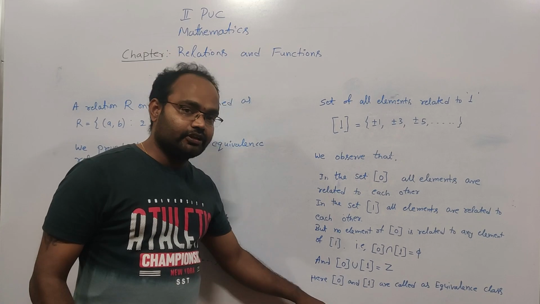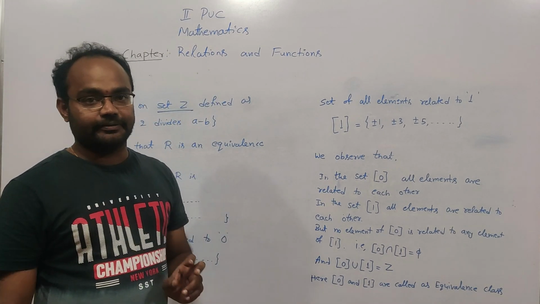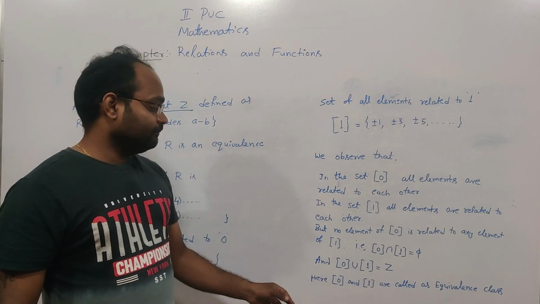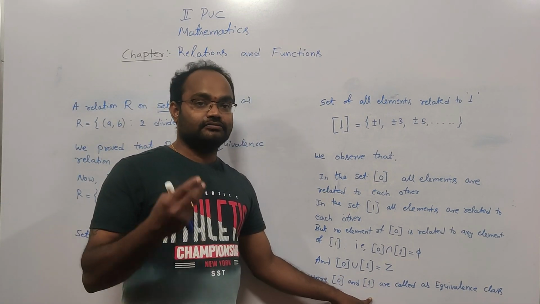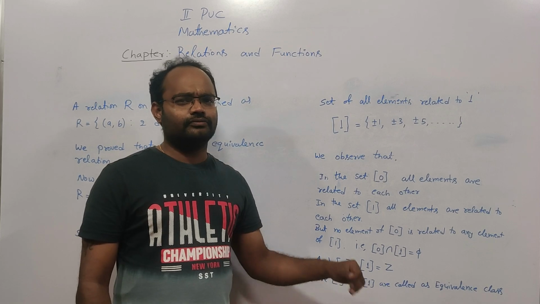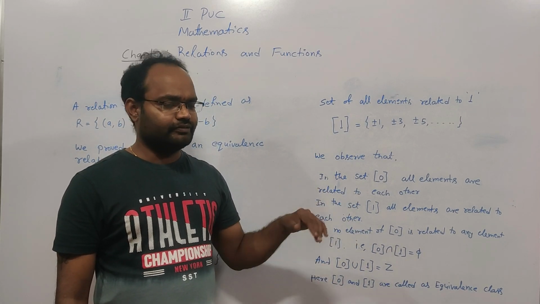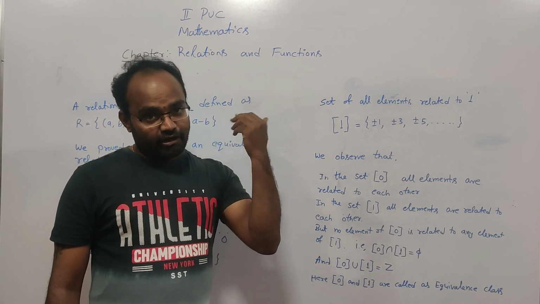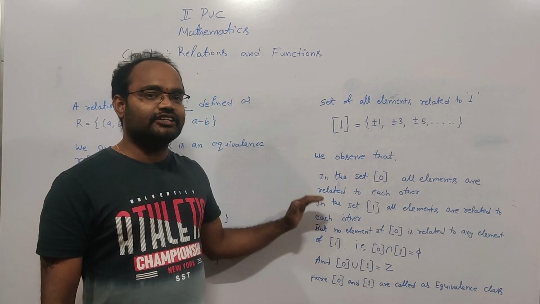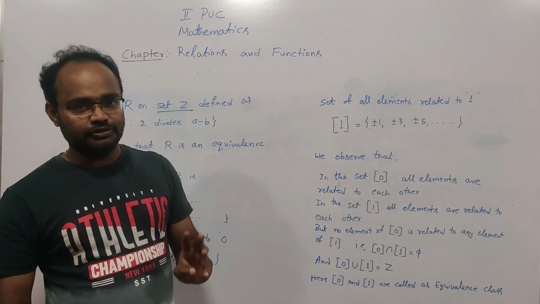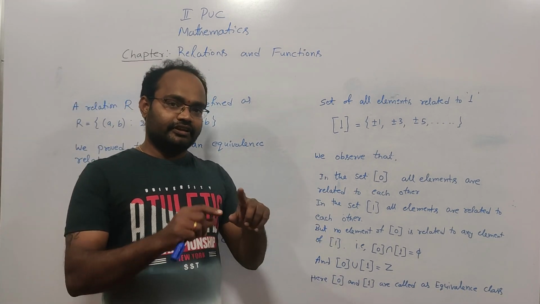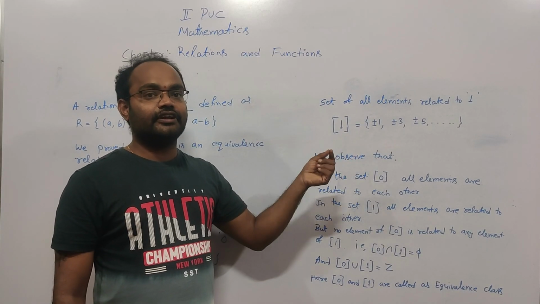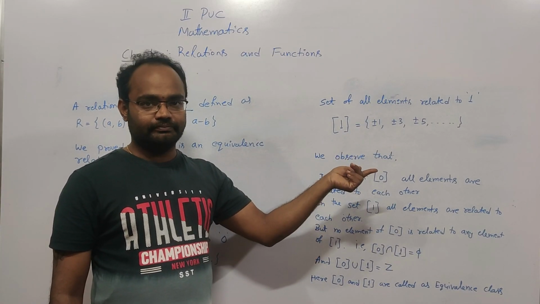So in this particular case only two sets are obtained, but in some other cases we may get more than two sets, 3 or 4 sets, even more, but all those sets should satisfy these three conditions. What are those? If you consider any one set among those, every element should be interrelated.